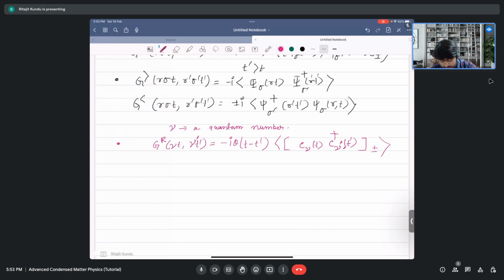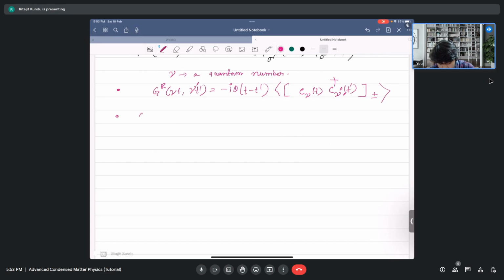Okay, so for example, if you want to write a Green's function for a hydrogen atom, then it is very simple. You can just generalize this to be something like this. It has three quantum numbers, n, l, m, and also a sigma, right? n, l, m, sigma at time t, and I can have n prime, l prime, m prime, sigma prime at t prime.